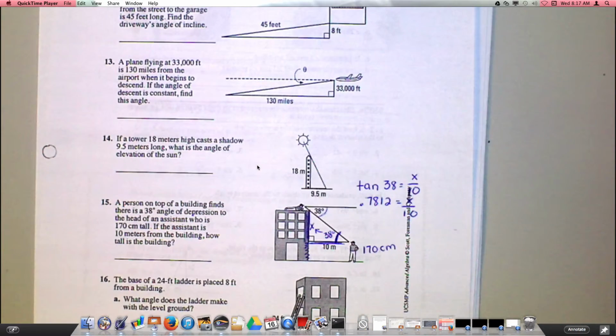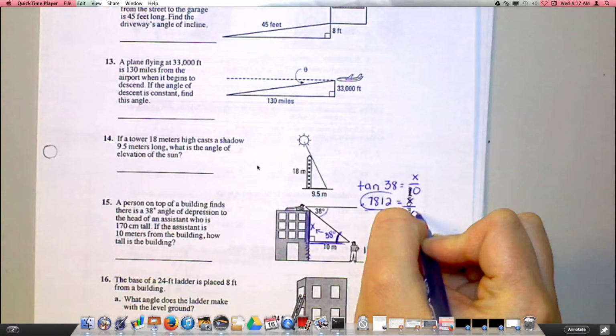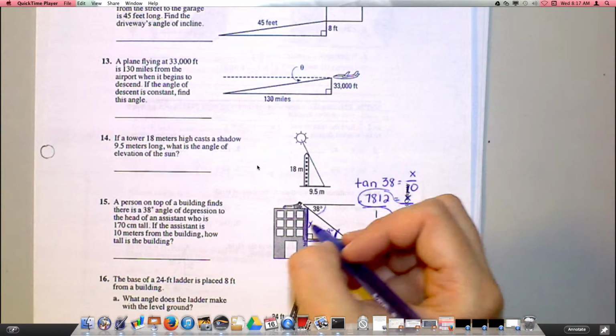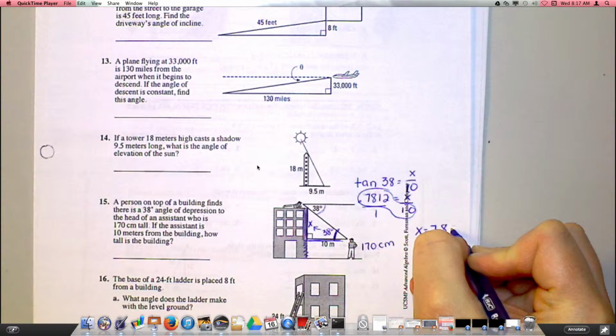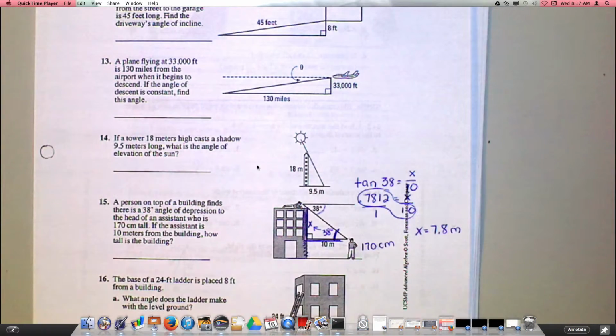And what do I do from there? Cross multiply, yeah. So you're really just doing 0.7812 times 10, which is going to be like 7.8. That's 7.8 meters because this measurement here was in meters.